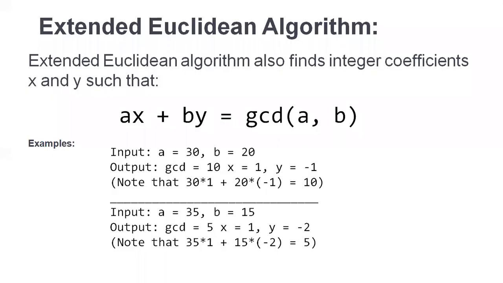Okay. So now the extended Euclidean algorithm. We have discussed this similar type of equation already in the theory part, but it is an extension of the Euclidean algorithm to find the coefficients of x and y.